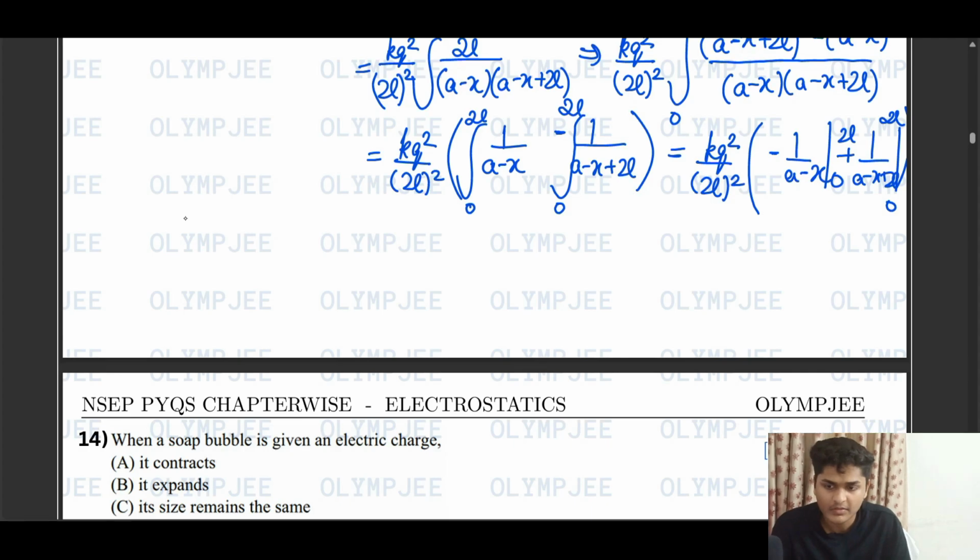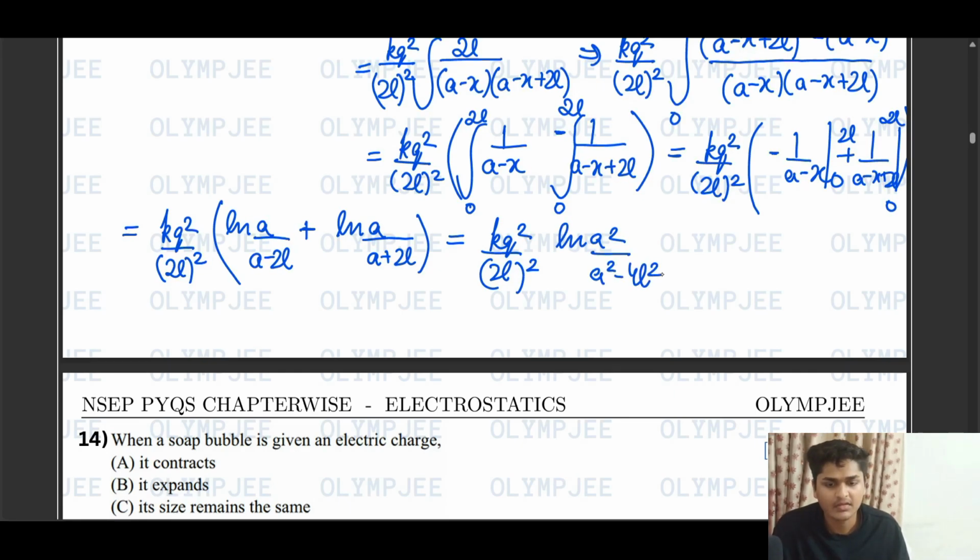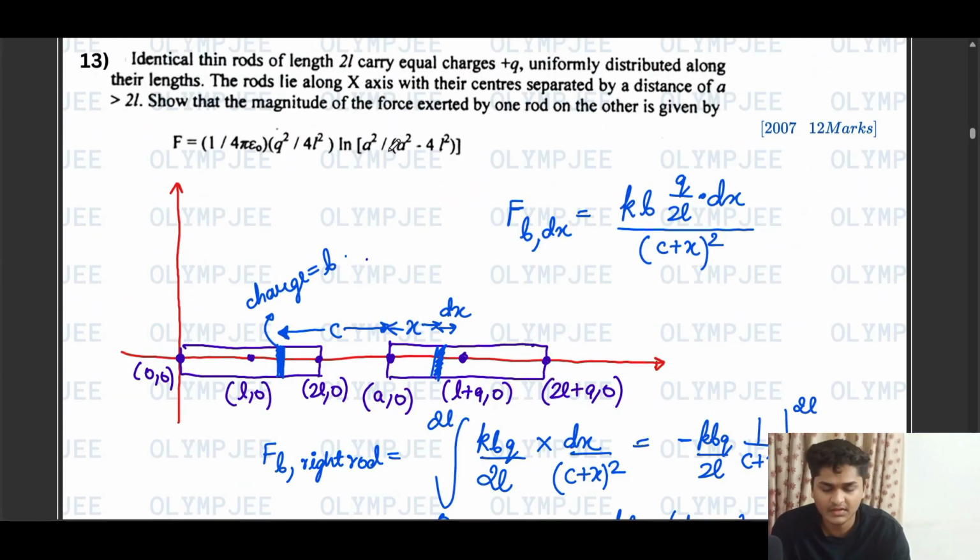So now this will become kq square by (2l) whole square, and first we put 0 because there is minus, so log of a, then we put 2l, so a minus 2l, plus of, first we put 2l, so this will become log of a divided by a plus 2l, which will give us kq square by (2l) whole square log of a square by a square minus 4l square. So this gives us the equation result which is mentioned here.